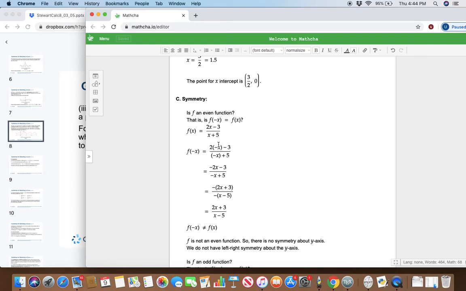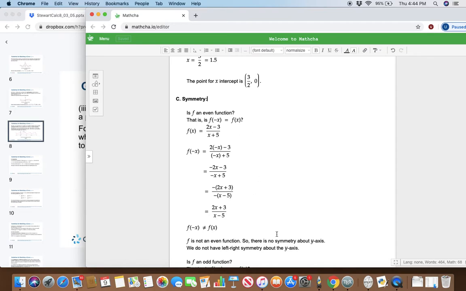So when I substitute, I get (negative 2x minus 3) over (negative x plus 5). Don't just stop here and say they are not equal. See whether you can manipulate things. Can I get the negative out? I can. Can I cancel these two? I can. I now get (2x plus 3) over (x minus 5).